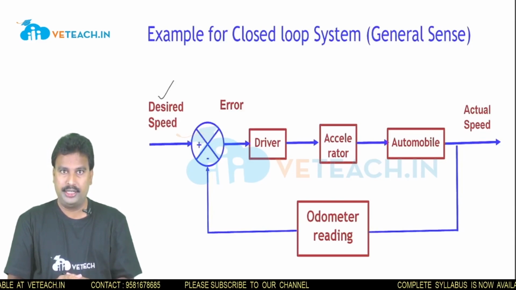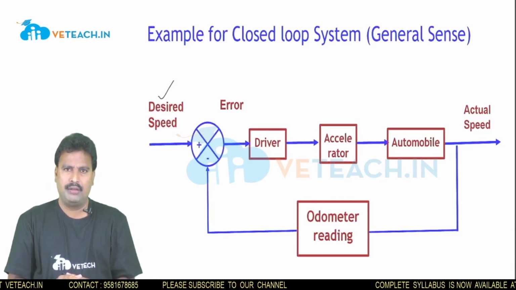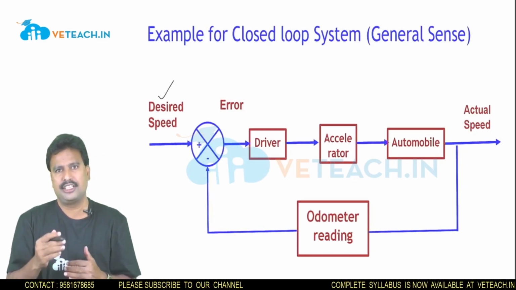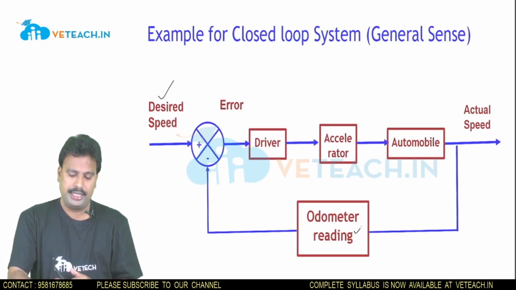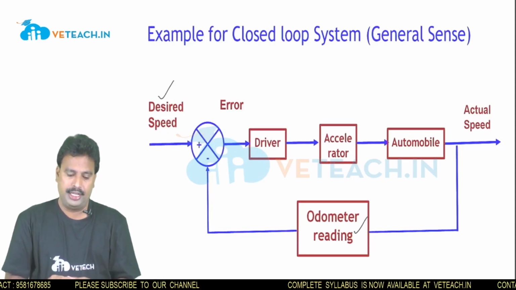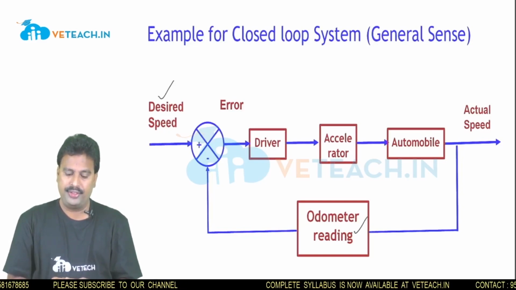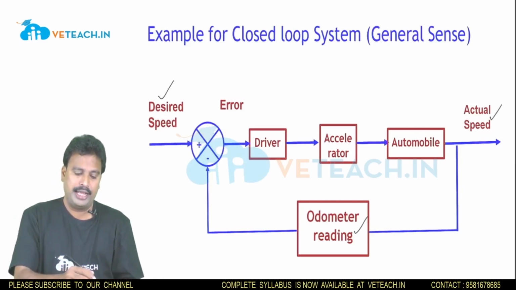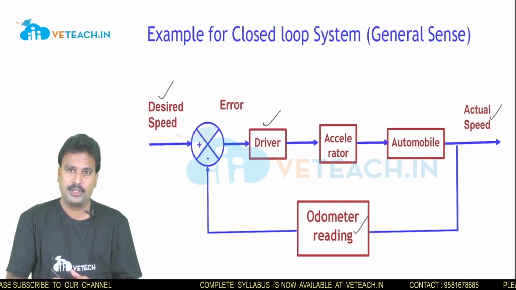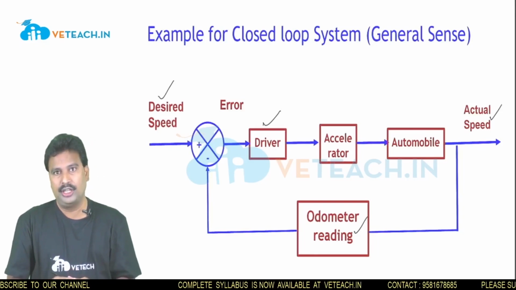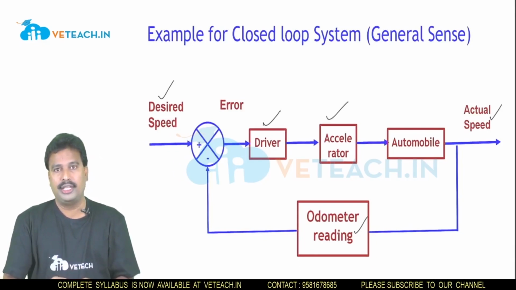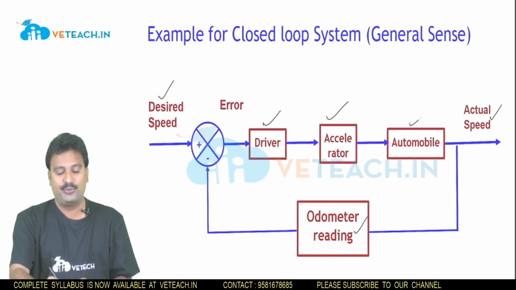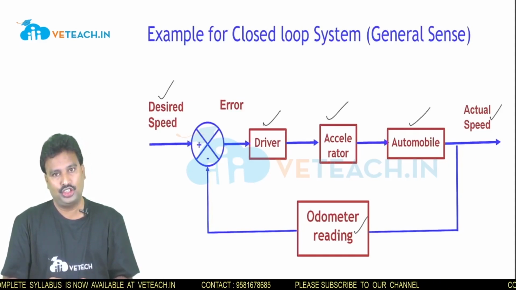You know that every automobile will have one meter that reads the speed, that is nothing but the odometer, and the odometer reading is my actual speed. So you are there in the driver position, controlling the accelerator of the vehicle so that the automobile speed is going to change.